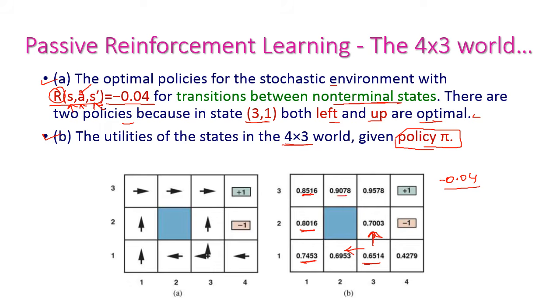If you are in this particular state, what will be the reward, that is, what is the probability to reach the goal state. Here the probability is very low, because from here there is a chance to reach the negative terminal state, hence the value is very low.